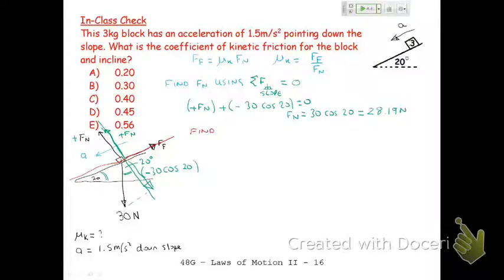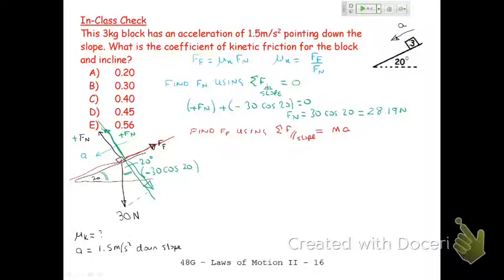Find FF using the sum of the forces parallel to the slope is equal to MA. It is accelerating. There is that acceleration, I've got to take it into account.